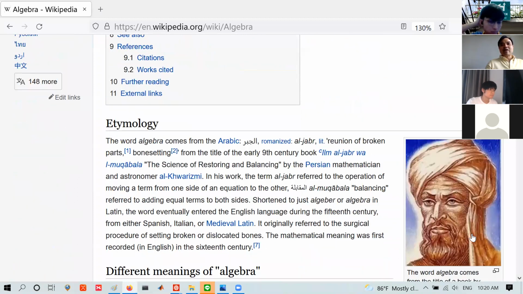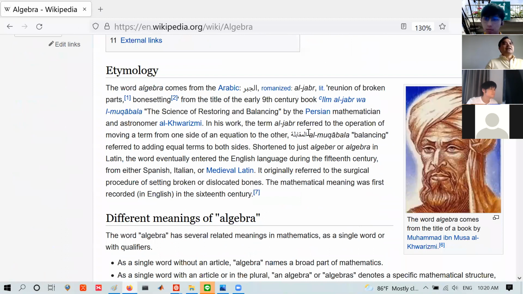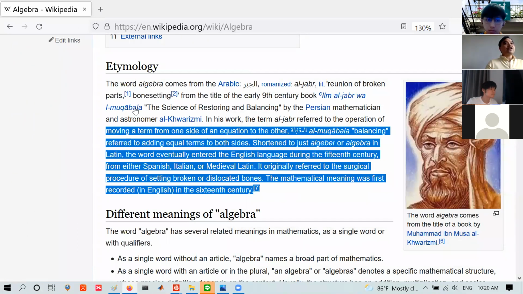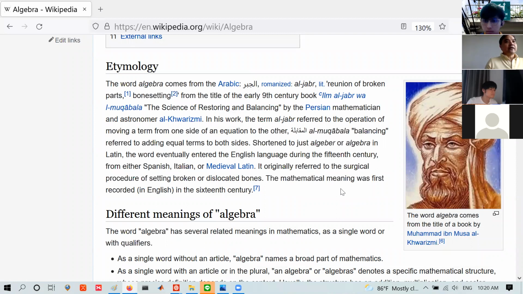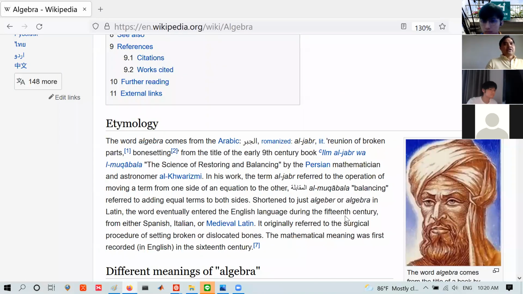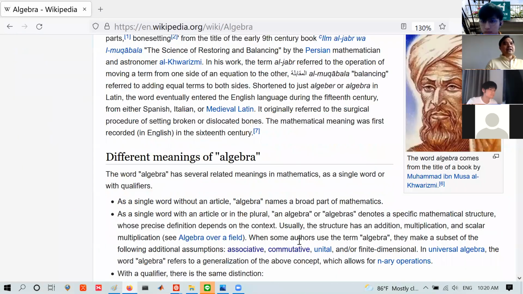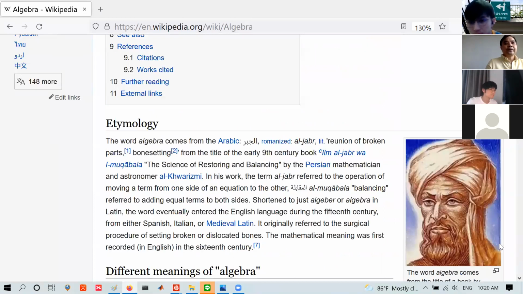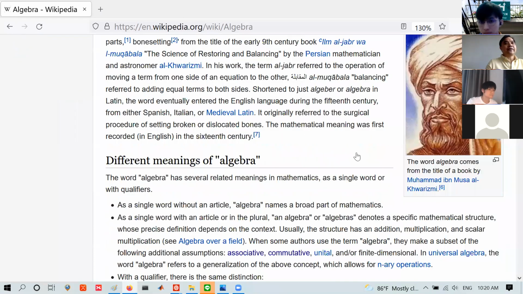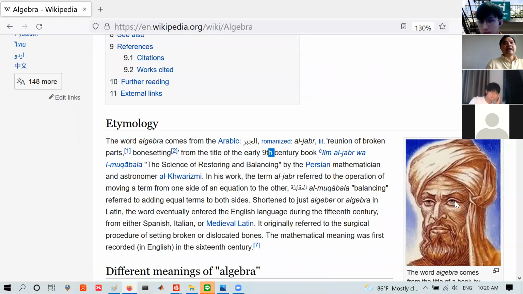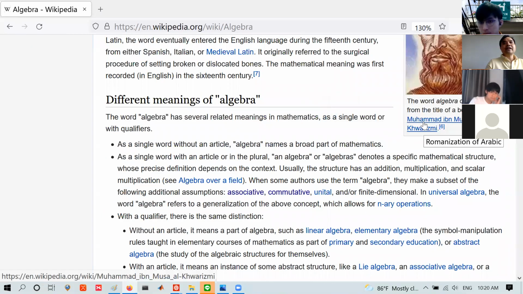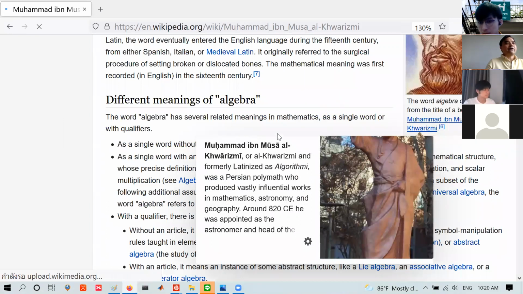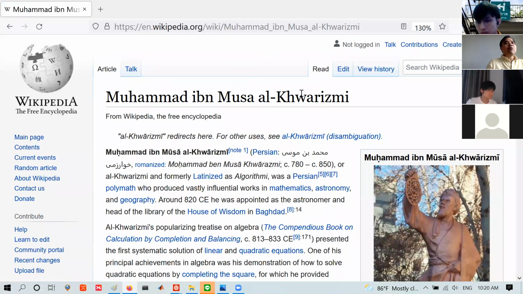This is actually where the word algebra comes from. He was an Arabic mathematician in the, I'm not sure which century, I think 13th century or something. Oh, 9th century. Okay, so this guy was from the 9th century. Al-Khwarizmi, that is the origin of the word algebra.